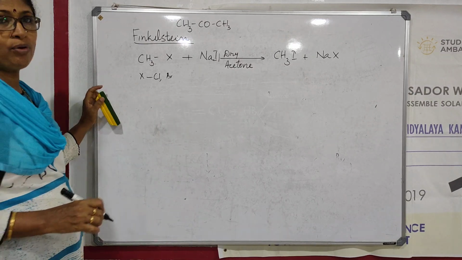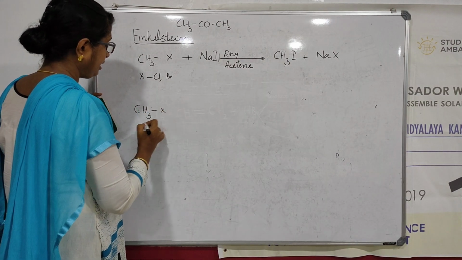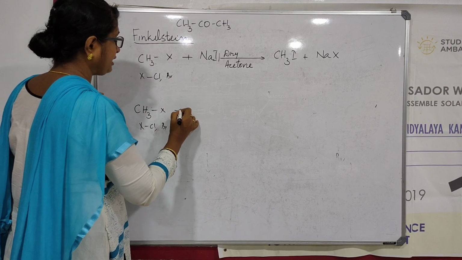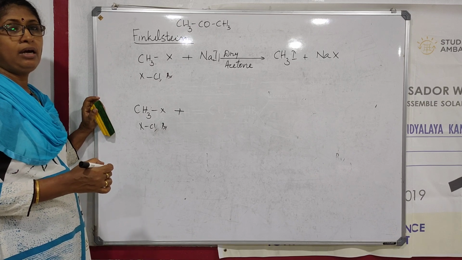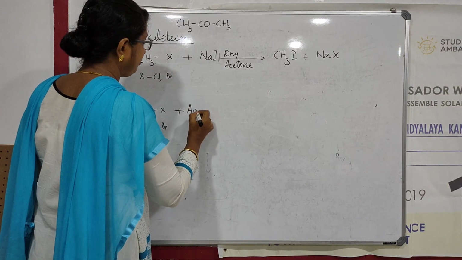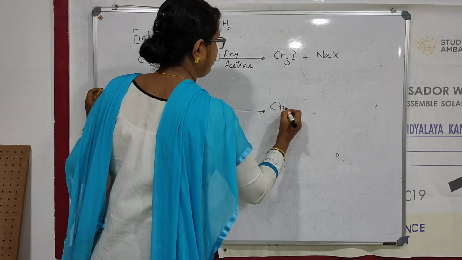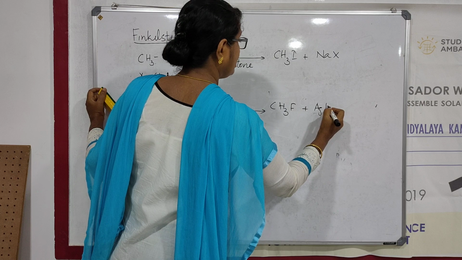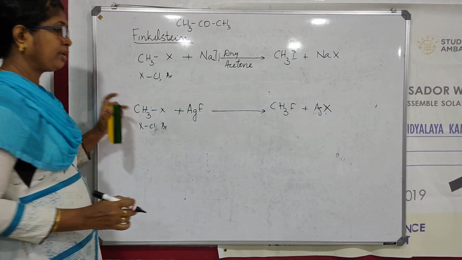And you can prepare fluoroalkane. When you treat CH3X, where again X can be either chloro or bromo, with some metallic fluorides like silver fluoride or mercury fluoride, AgF, you will get CH3F plus AgX.